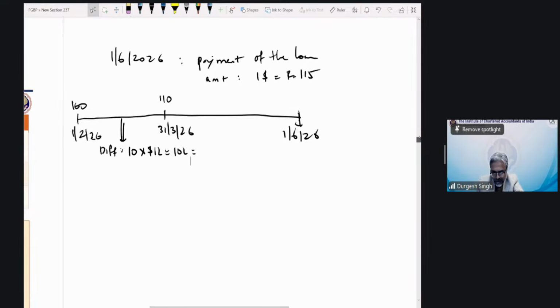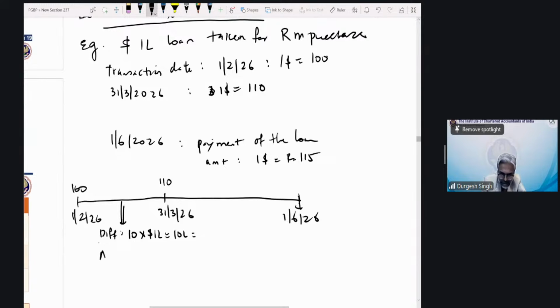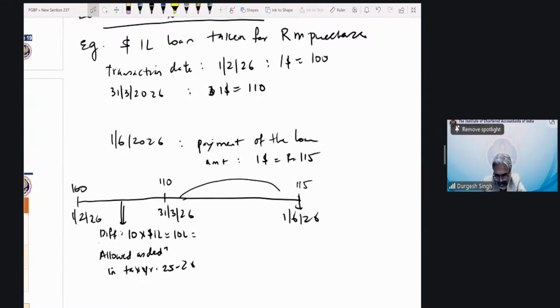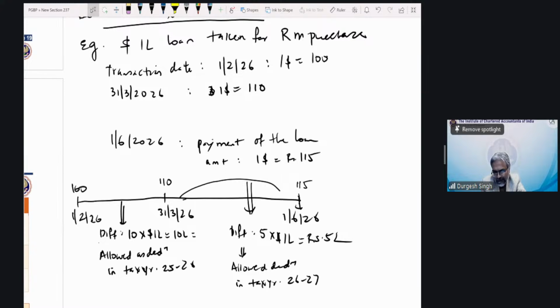In which year? In tax year 25-26. And now, 115 was there, isn't it? This particular difference, which is 5, into how much you have paid? Full $1 lakh you have paid. So rupees 5 lakhs would be allowed as deduction, students, in tax year 26-27.